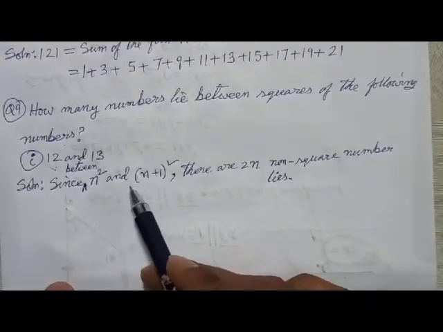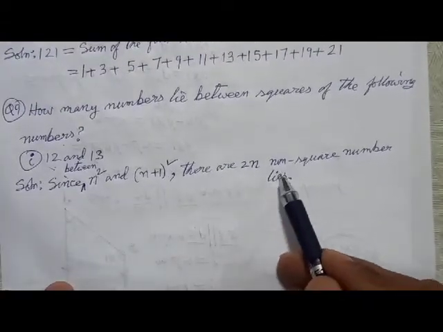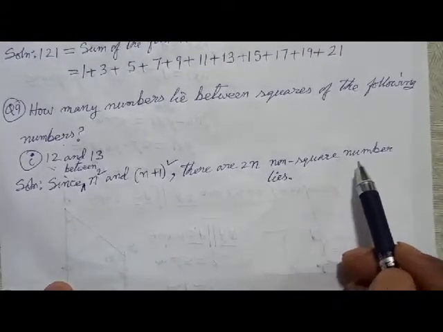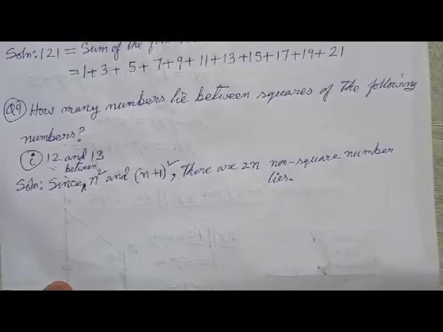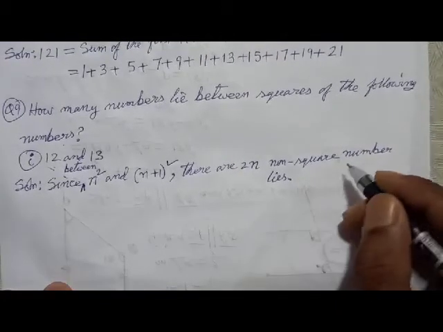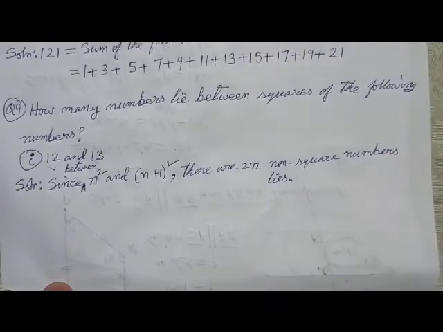Since between n square and n plus 1 square there are 2n non-square numbers lie.